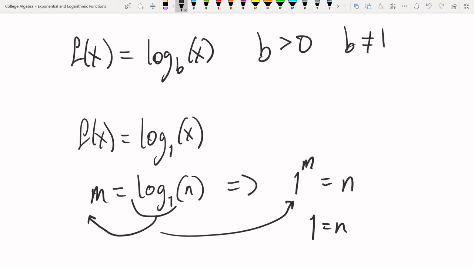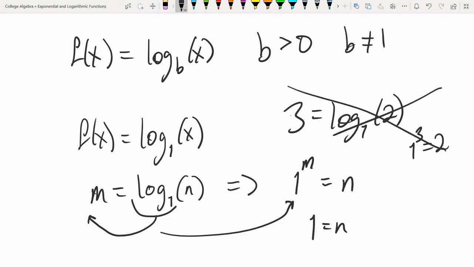But what if I gave you the problem, for instance, 3 equals log base 1 of 2? Well, now I'm saying 1 to the power of 3 equals 2, which is not a true statement. You only get a true statement if this thing here is 1, and that's not telling us anything, really. It's not very useful.